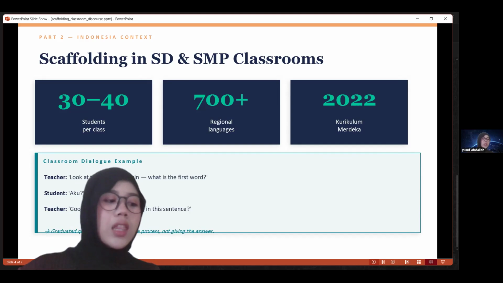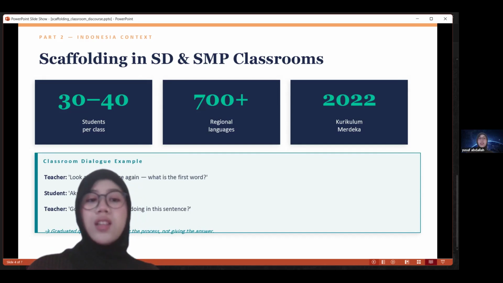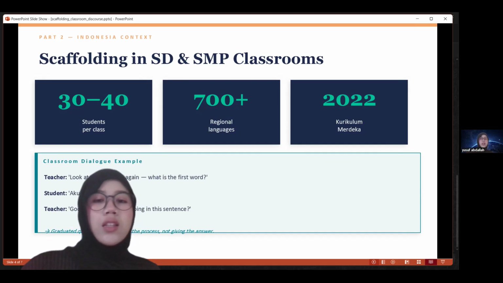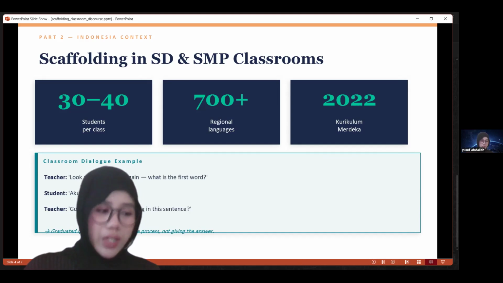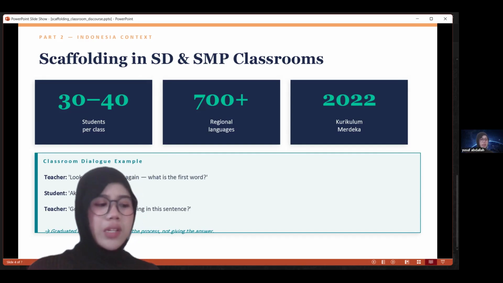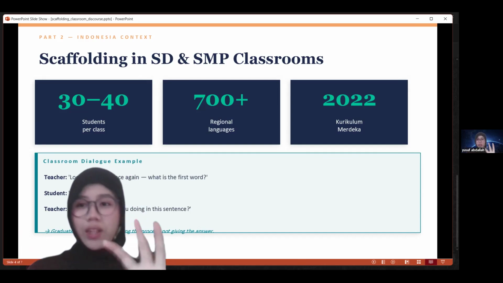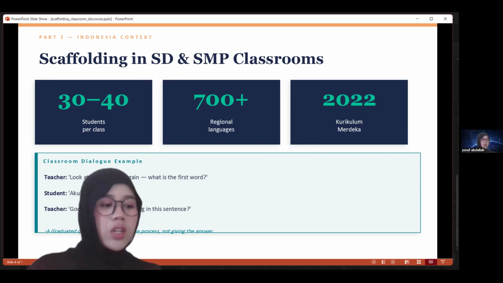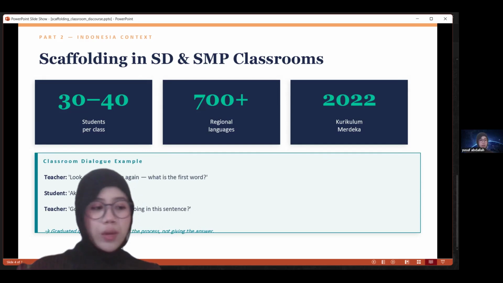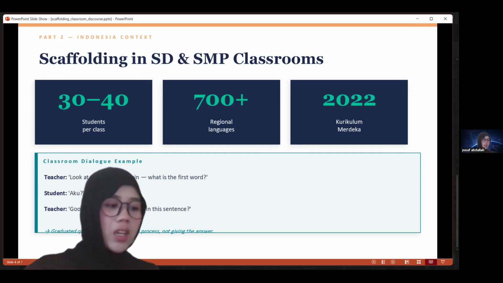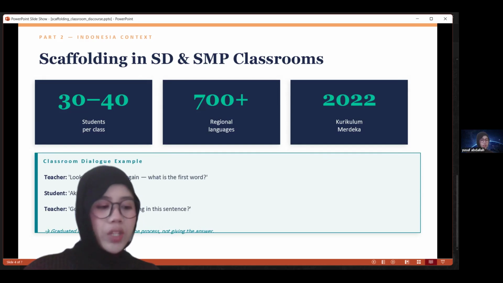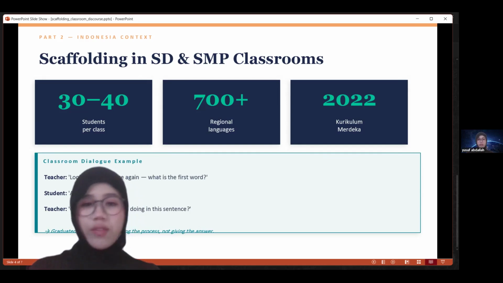We are talking 30 to 40 students in a single class, over 700 regional languages across the country, meaning many students come in already thinking in Javanese, Sundanese, or maybe Batak before switching to Bahasa Indonesia. And since 2020, Kurikulum Merdeka has been pushing for more student-centered and career-based learning, which actually aligns really well with scaffolding.